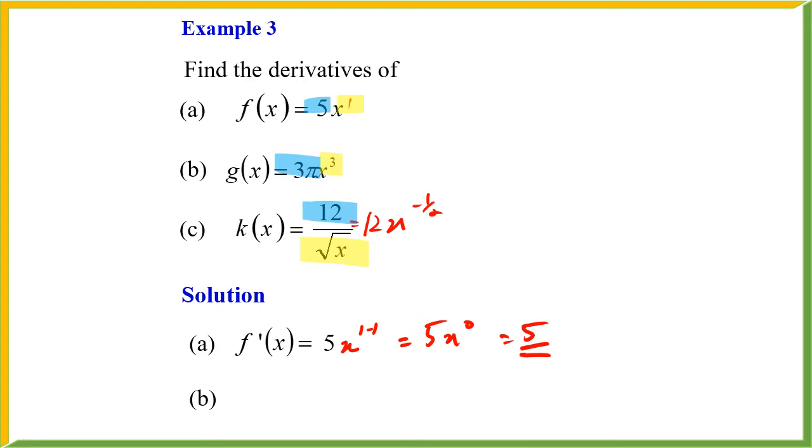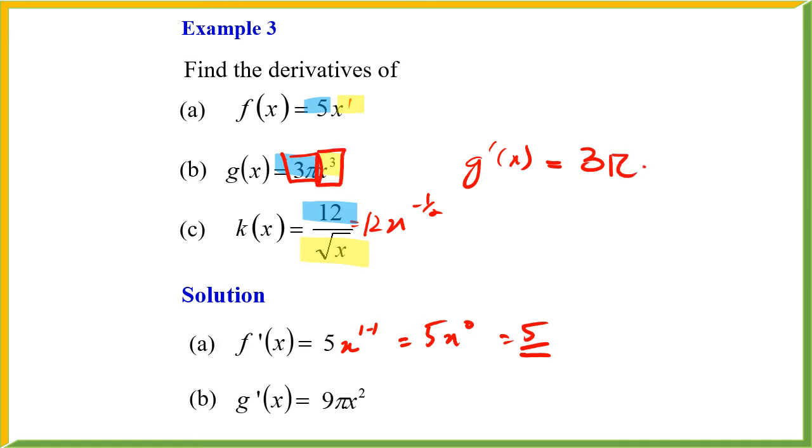Okay, and then for B, we write down the constant first, which is 3 pi, and then x to the power of 3. So I should write down the method, the steps. Here g prime of x is equal to, we write down the constant 3 pi, and then we differentiate x to the power of 3.